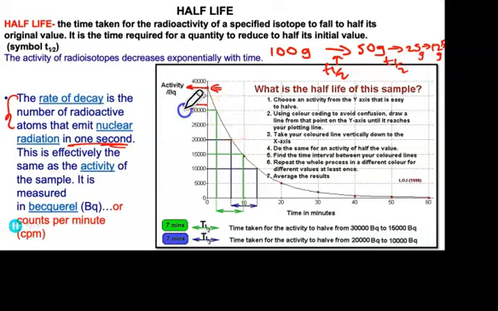Let's look at 30,000. Half of that will be 15,000. So hit the curve and go down. We read that, and this is half. That's the half-life. Again, go across with the ruler, go down.